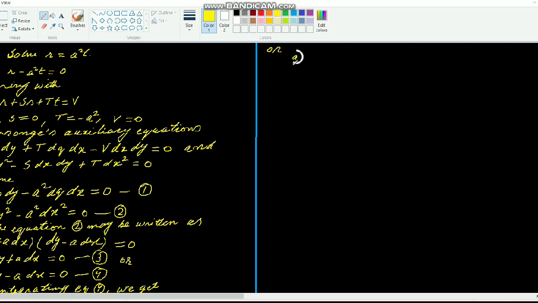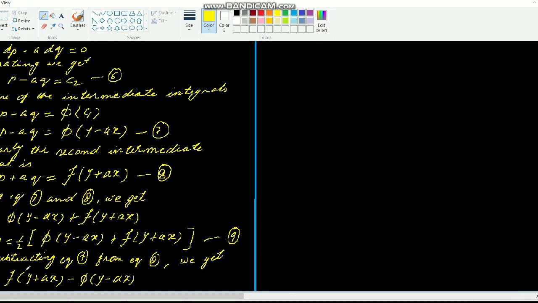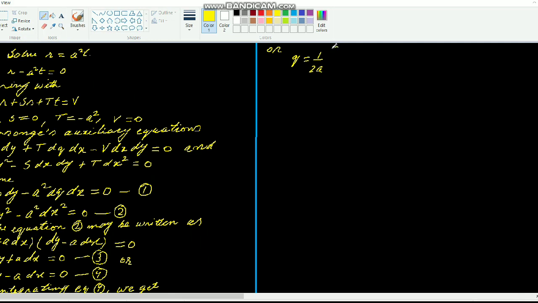Let it be equation number 10. Or q is equal to 1 upon 2a bracket f of y plus ax minus phi of y minus ax.